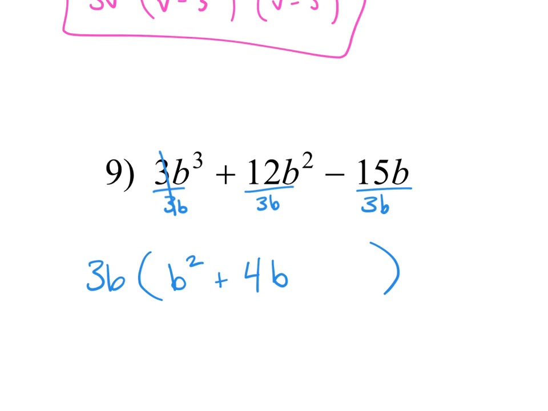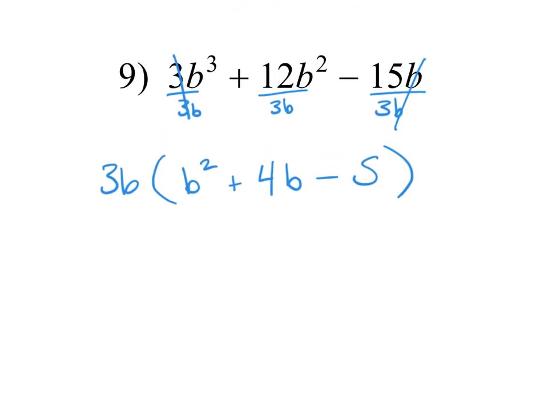And then what is 15 divided by 3? 5. And then the b's cancel. Alright, so now we just need to factor a little bit more. What are two factors of -5 that add to 4? 5 times 1.